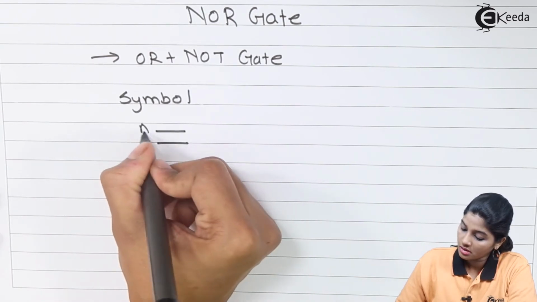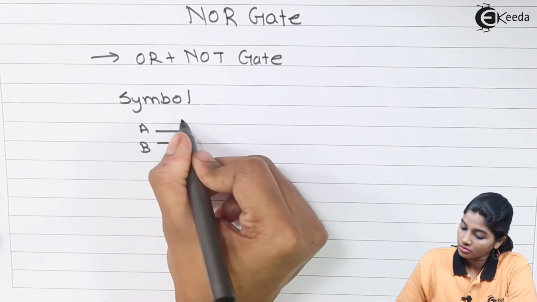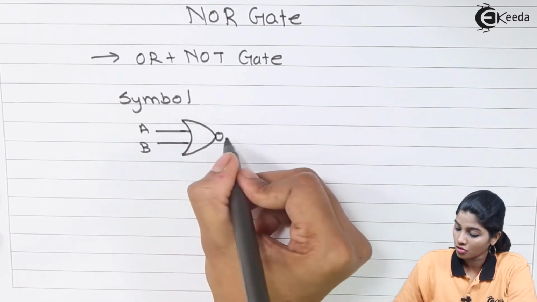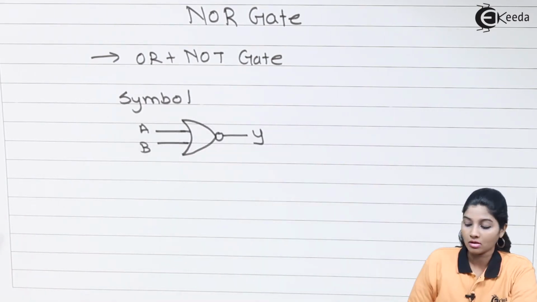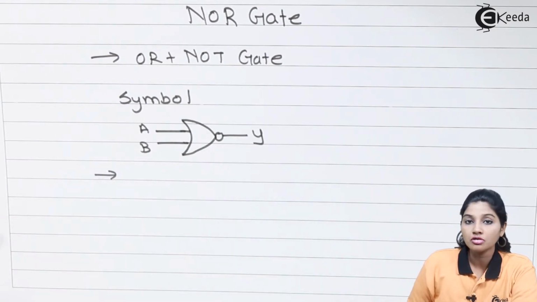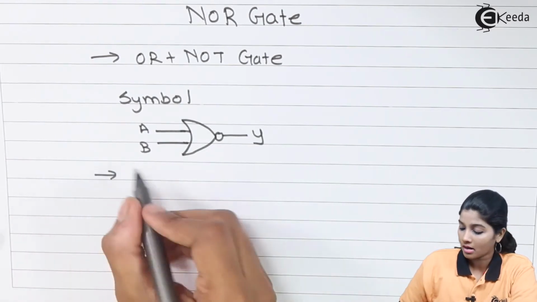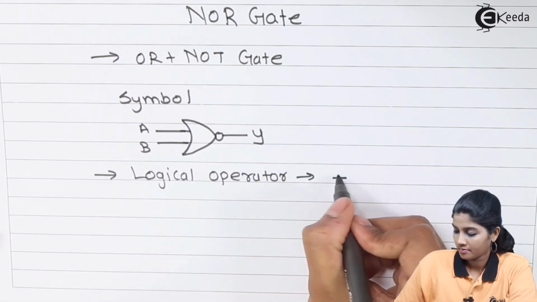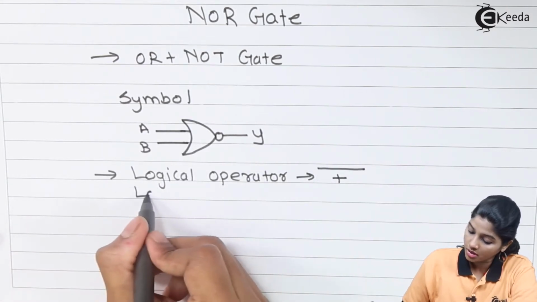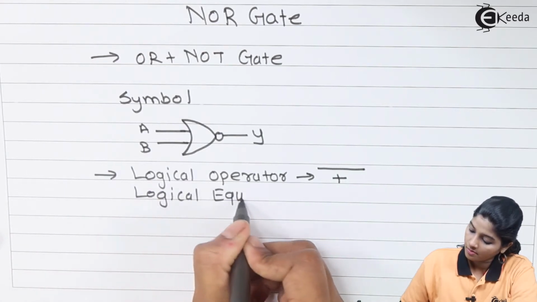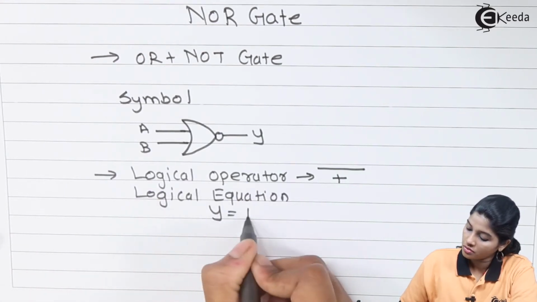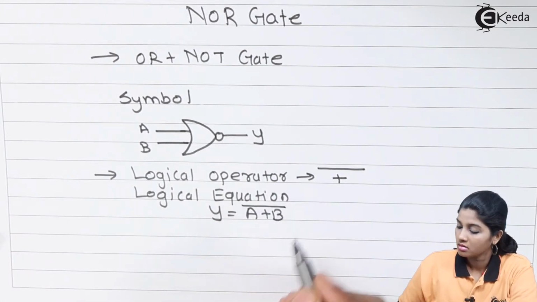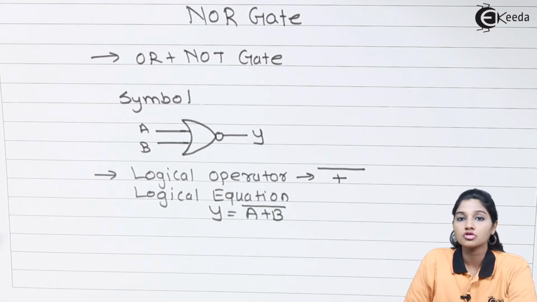two inputs A and B applied to the OR gate. The bubble represents NOT, so we will get signal Y at the output. Here the logical operator used is plus along with the bar line. So the logical equation becomes Y is equal to A plus B, which represents the equation of OR, and the bar on that represents the equation of NOT.